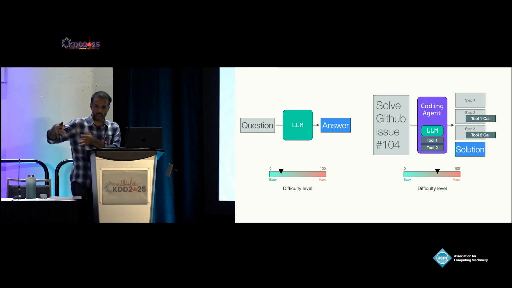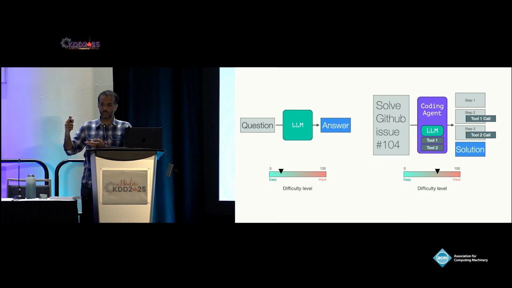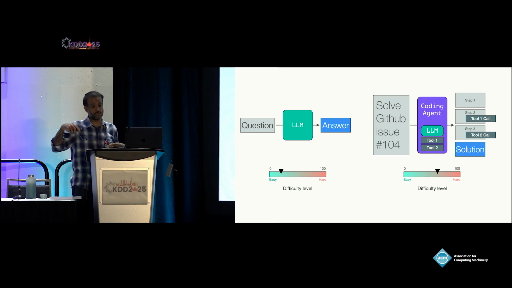A solution to one of these tends to be 40, 50 steps, where the model needs to check out the repository and have access to a virtual machine. It will create a conda environment, resolve conda issues, replicate the issue, find out how to solve it, run the unit tests, and maybe write new unit tests to ensure that it's correct. And that's where we are today.